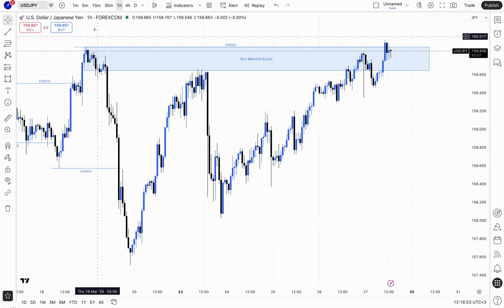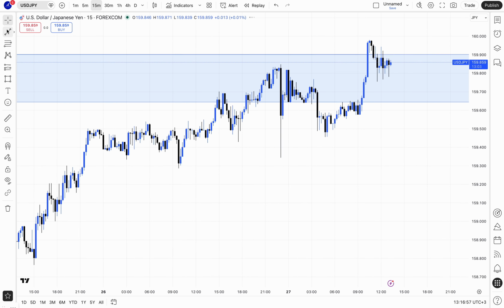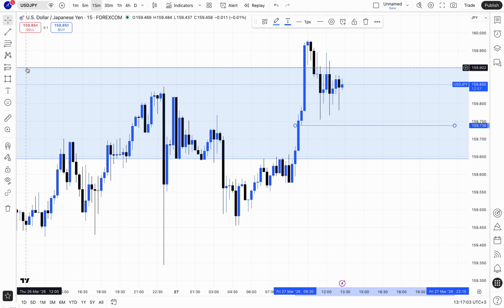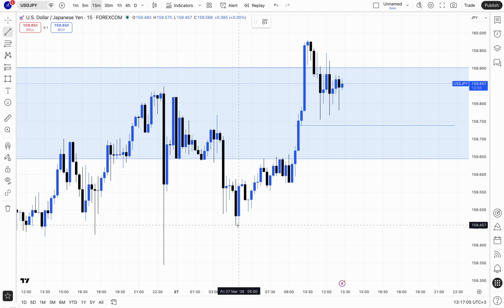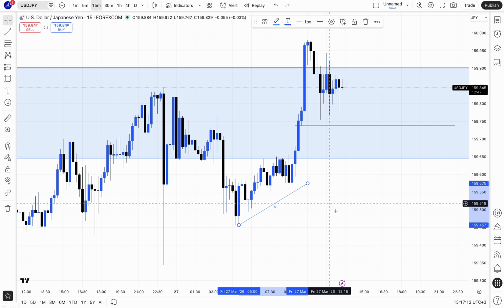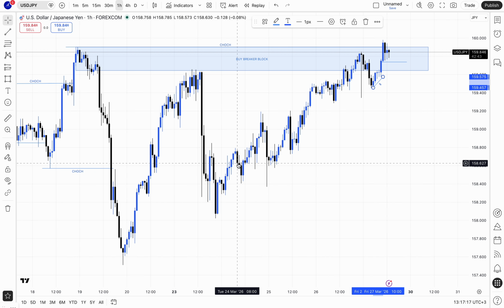You can see it here. Now we had our break, then we're having this retest, but we need to see this liquidity being cleared. You can see this order block being filled, and although we have a little bit of liquidity to the downside, we're going to be a little bit more patient and see what really happens. Okay, that's it guys. We just have to be patient and wait for our confirmation.